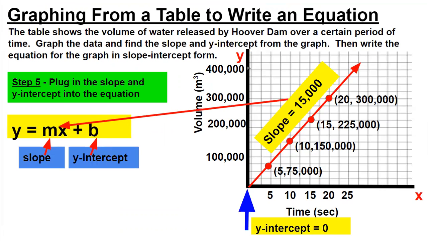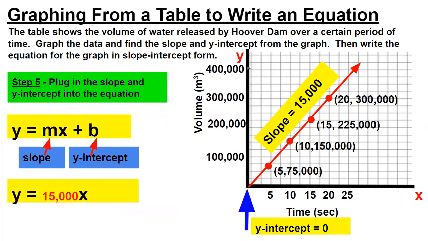So there's your slope, 15,000, and there's your b, your y-intercept of 0. So because b is 0, we can just drop the b. So we end up with y equals 15,000x, no b. We could put plus 0, but it doesn't necessarily have to be there.